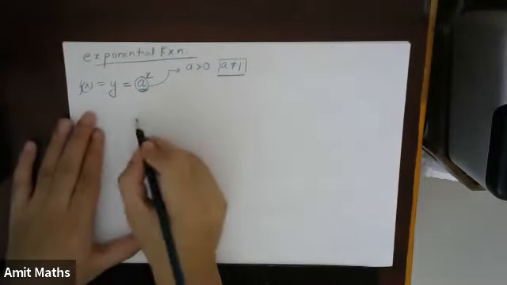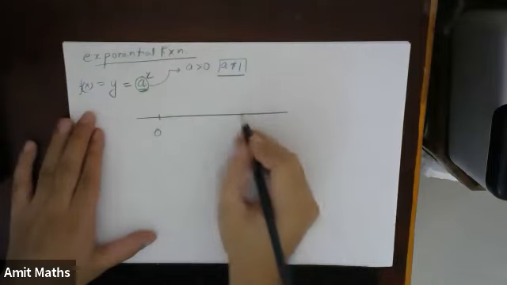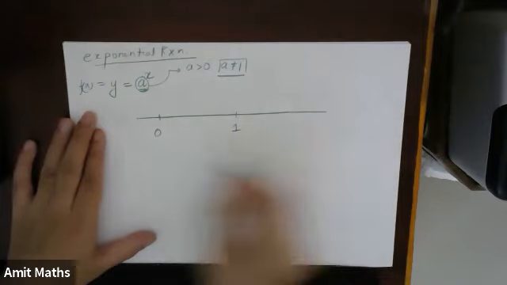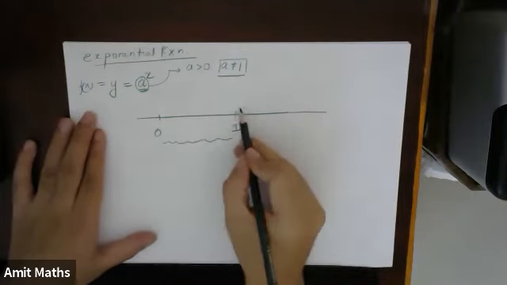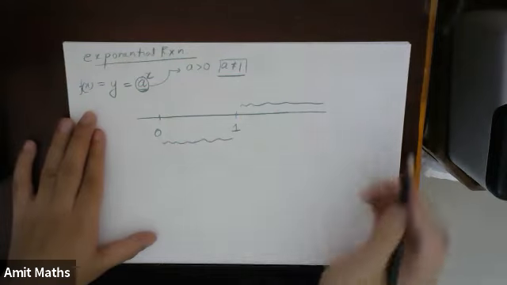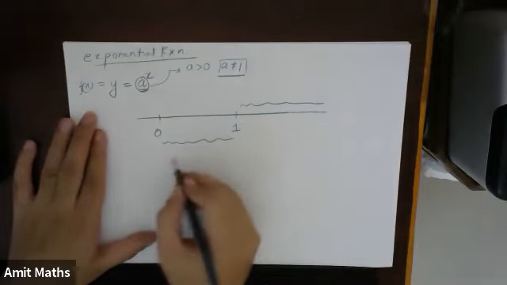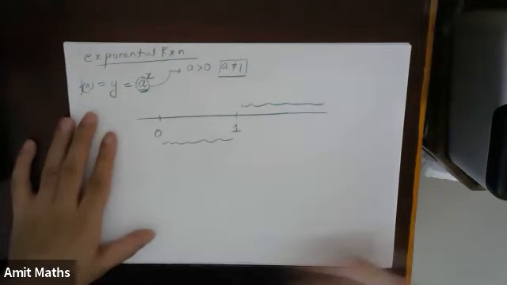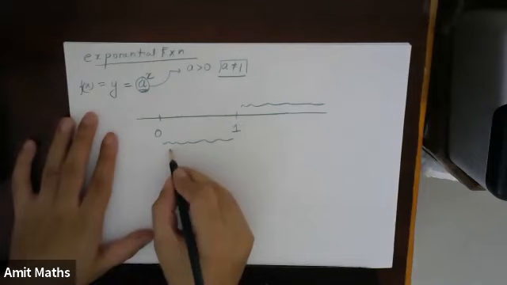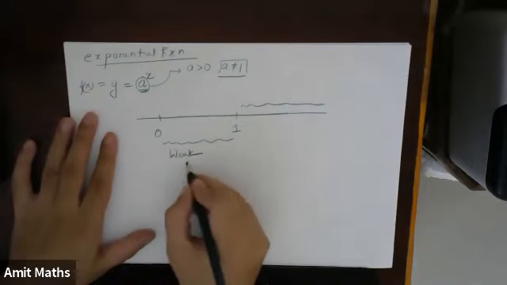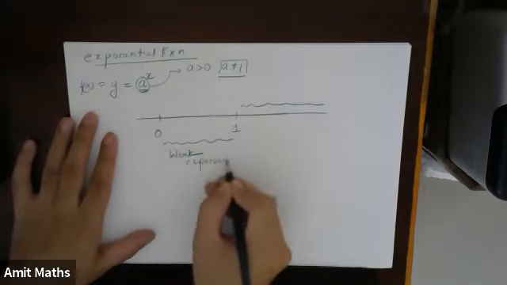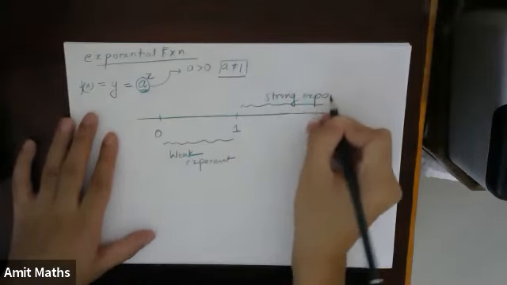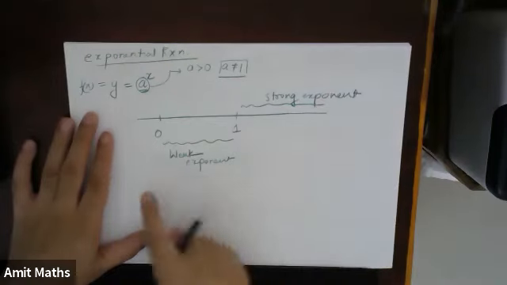If I draw a on the number line, so 0 to 1, between 0 to 1, and I will define between 1 to positive. Again, there is no such thing as weak exponent or strong exponent, but just to compare, I will write weak exponent and strong exponent, something like weak base and strong base.